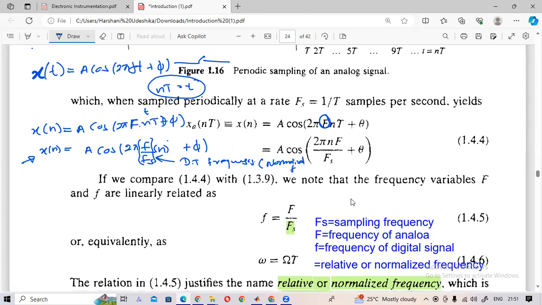When you change the sampling frequency, the discrete signal frequency will also change. That is why it is called the normalized frequency. So that is the frequency of a discrete time signal.